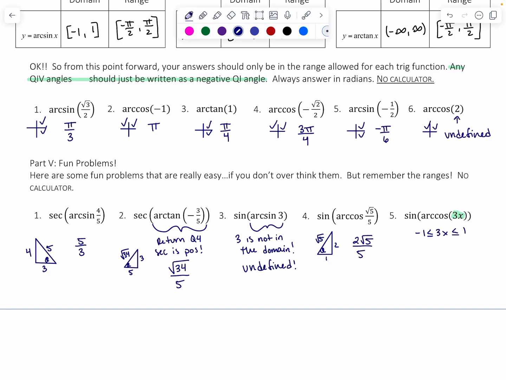If we divide by 3, we get -1/3 less than or equal to x less than or equal to 1/3. In terms of interval notation, you might have been able to do that in your head. All these values have to be between -1/3 and 1/3 for you to take the sine of it.